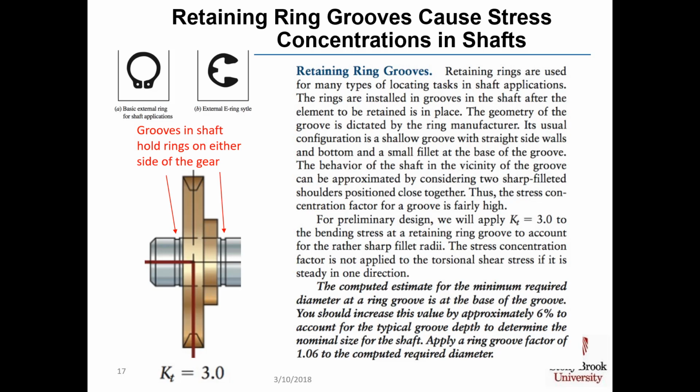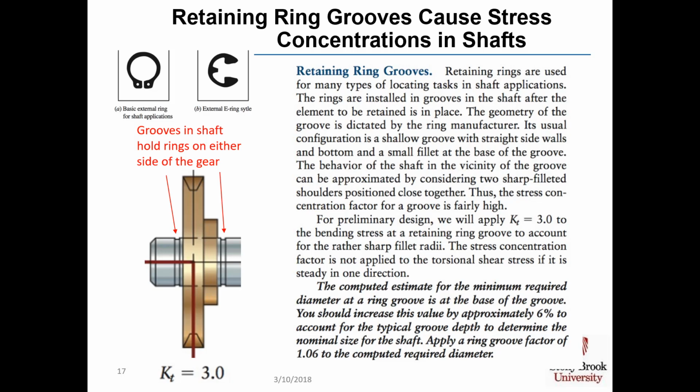Well, what happens is that you have a very sharp discontinuity in the shaft right where you're putting the ring on, and so there you're going to have to use a stress concentration factor of 3.0 to account for the retaining ring having a rather sharp fillet radius.